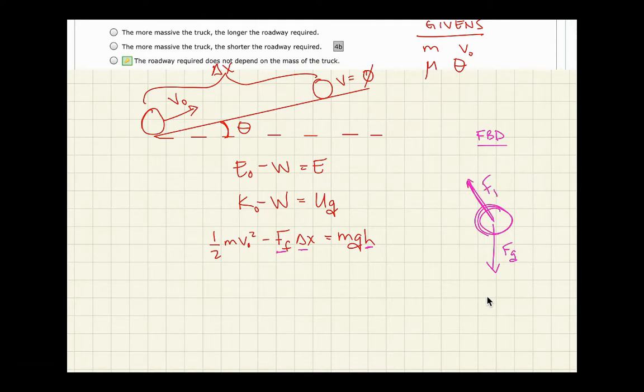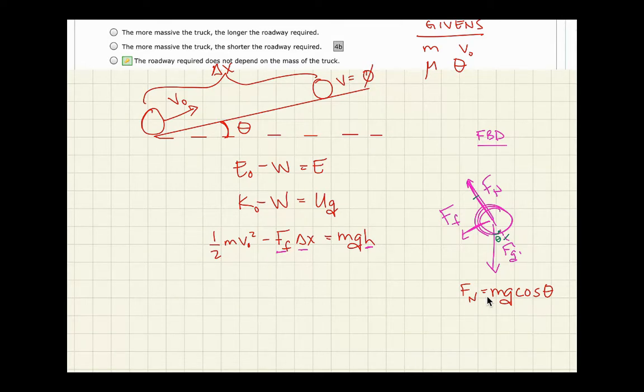Normal force is going to be at an angle, and then friction is going to be perpendicular to that. And that normal force is going to be equal to the vertical component of gravity, where this little angle is theta. So the normal force is equal to mg cosine theta.